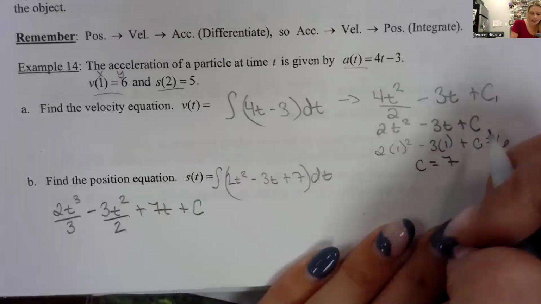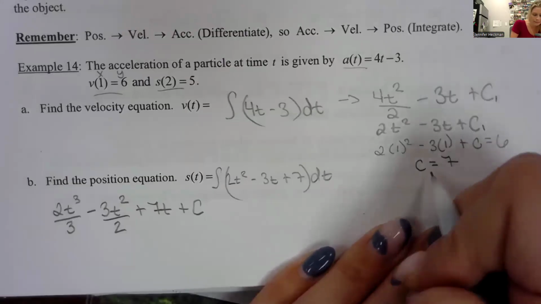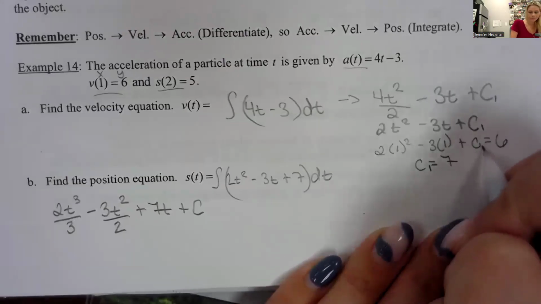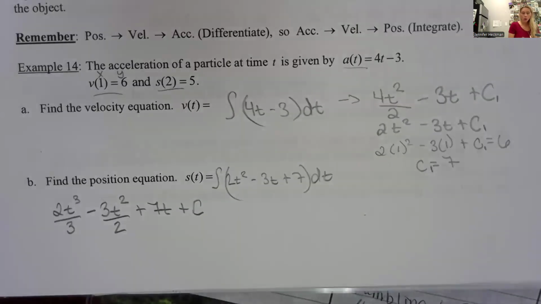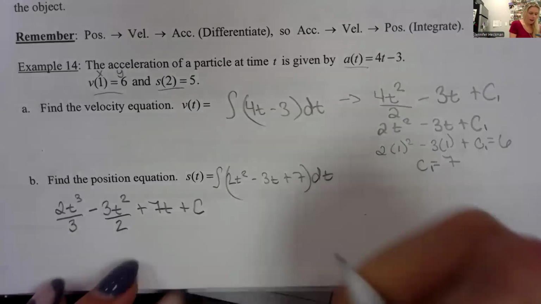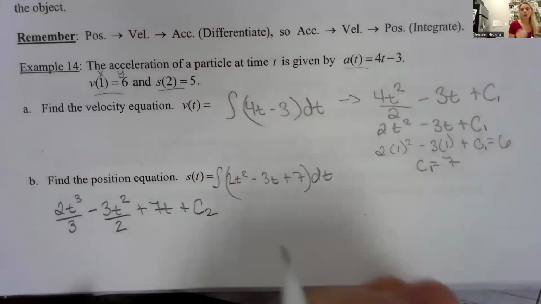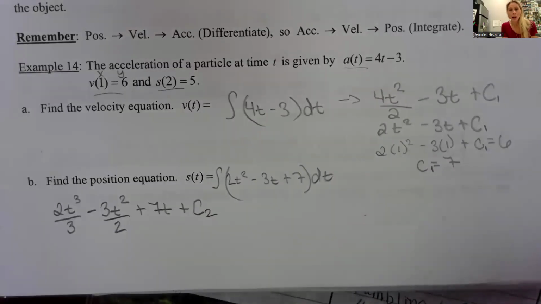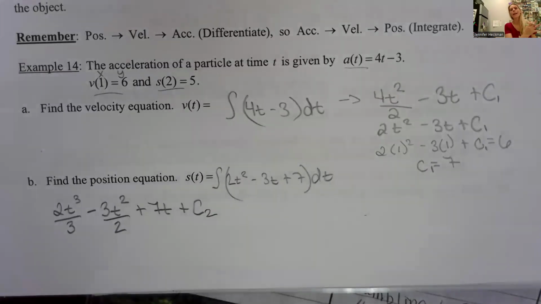So I'm going to go back here and put this as c subscript 1. Because now when I'm doing it again, this is c subscript 2. It's a different c value. So when I plug back in, I don't get confused about which c I'm looking at.